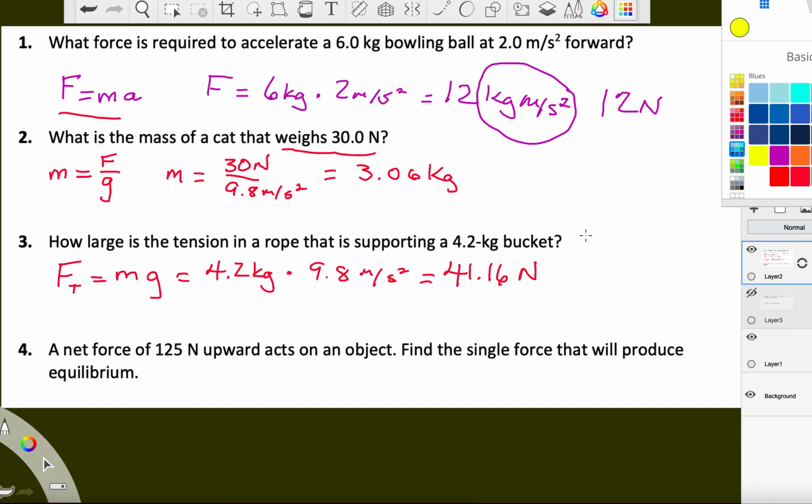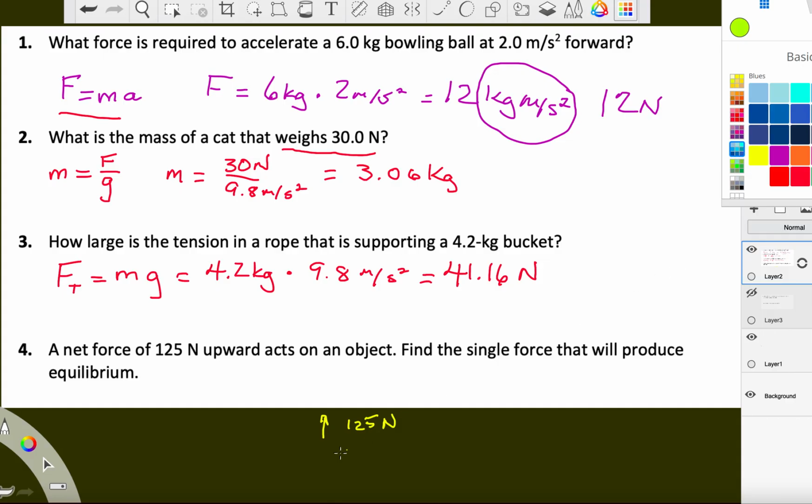And last but not least, I'm going to use the really bright color I have here in front of me. A net force of 125 newtons upward acts on an object. Find the single force that will produce equilibrium. Well, we've got one force pointing upward at 125. How do we get a net force of 0?